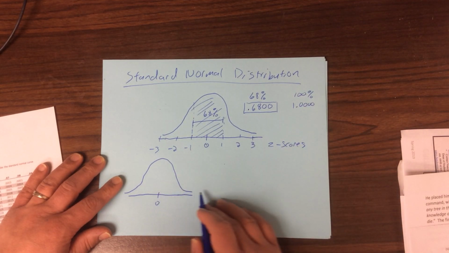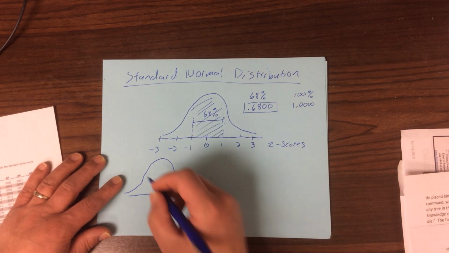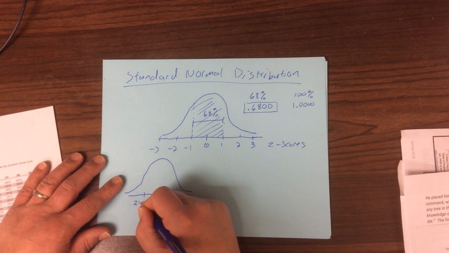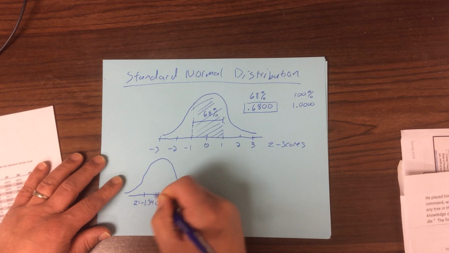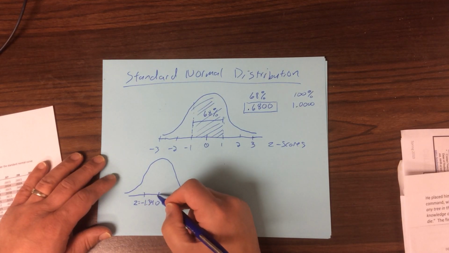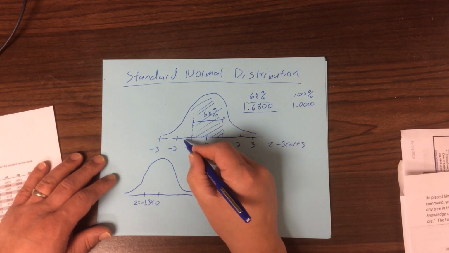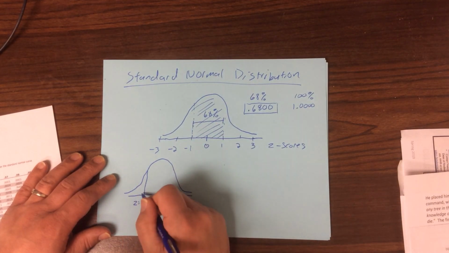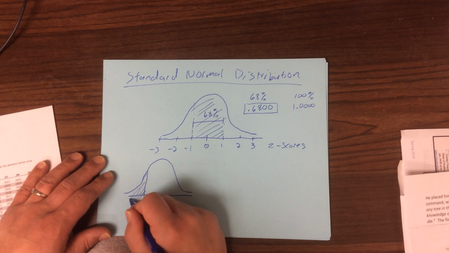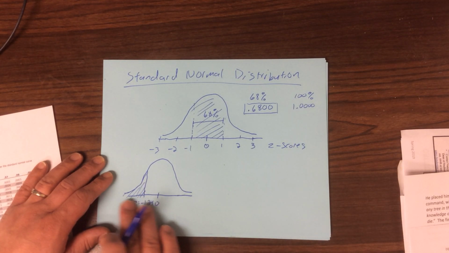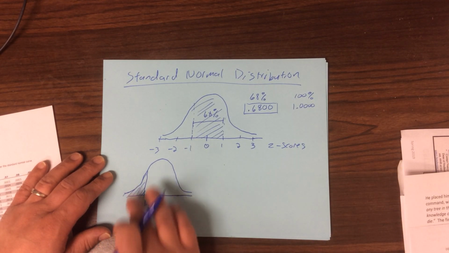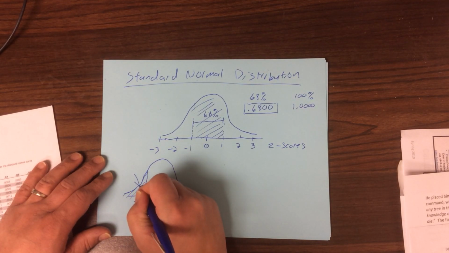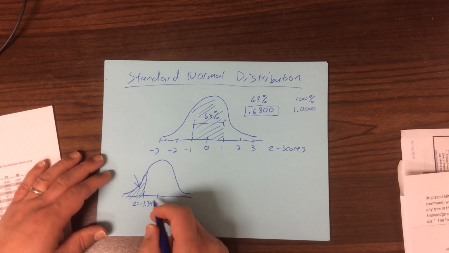So the total area under the curve is 1, and so let's say I take a z-score here of -1.34. So that lies below the mean. It lies past 1 standard deviation, and so you've got this z-score here, and it's going to have a certain percentage of data below that value. So this area here is actually what the table's going to give you when you look up this z-score.